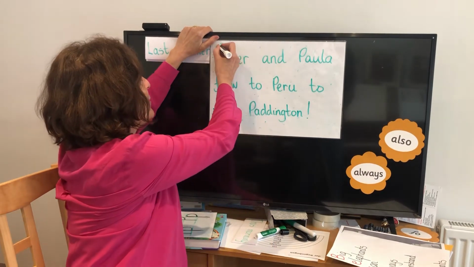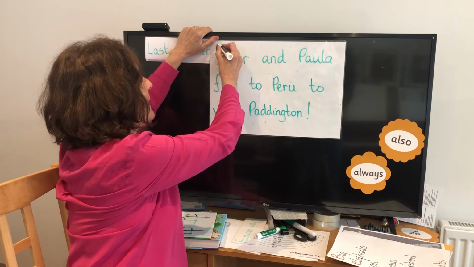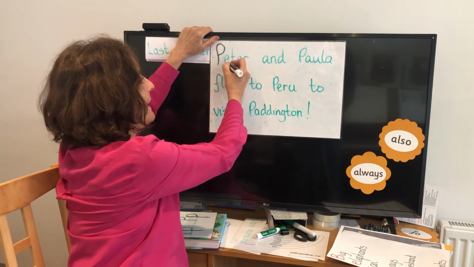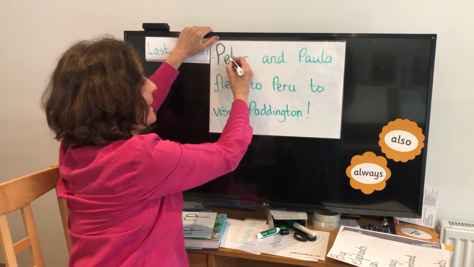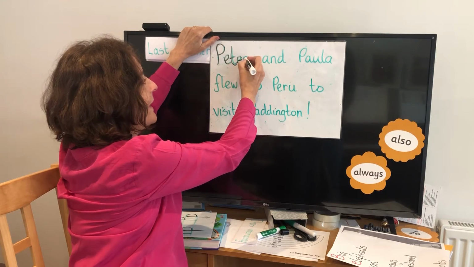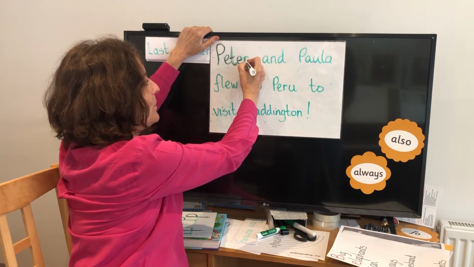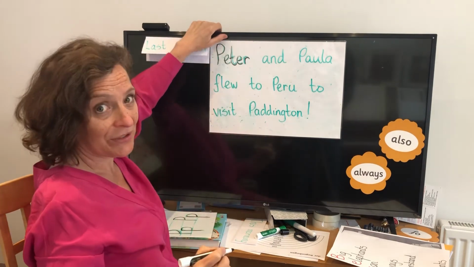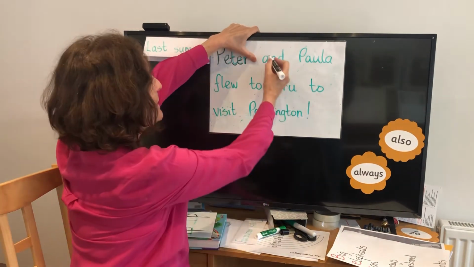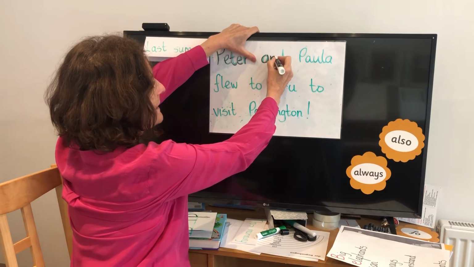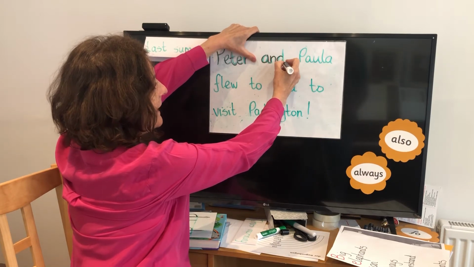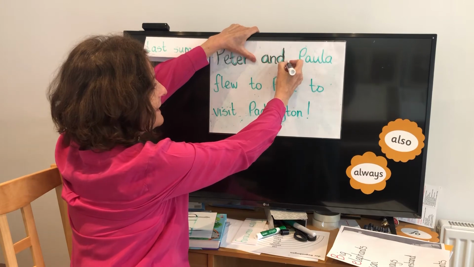So let's start. Top to bottom, lift, round, P. Then an E, then a tall T, then an E, and then an R. Top to bottom, reverse up and over. My little brother's called Peter as well. Finger space and, a, d, around like an A, ascend, descend and flick.